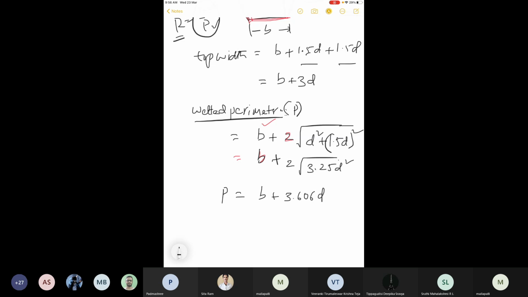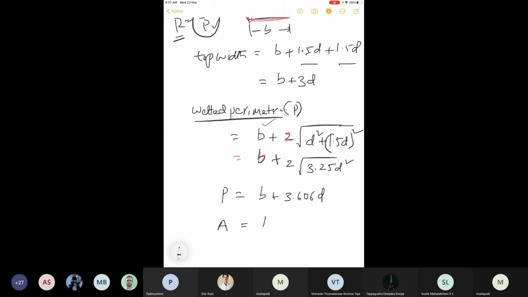Okay, now find out A, capital A, which is equal to area of cross section. You know the trapezoidal area of cross section. Okay, so you have to find the sum of the parallel sides, right? Bottom and top width multiplied by the depth divided by 2.